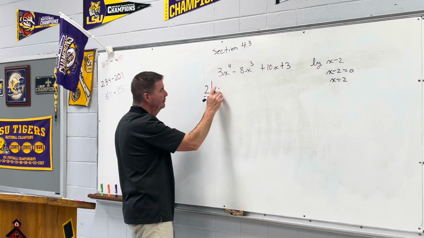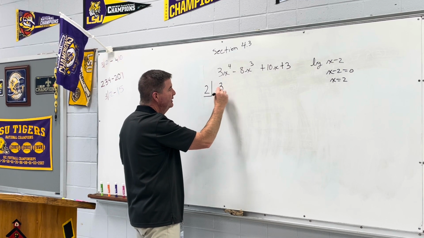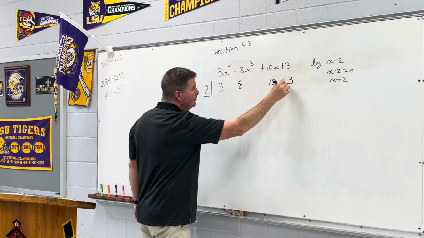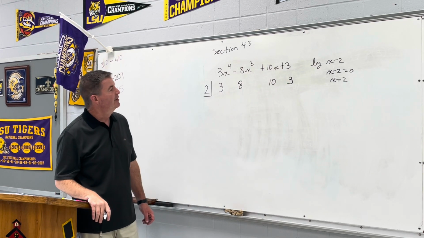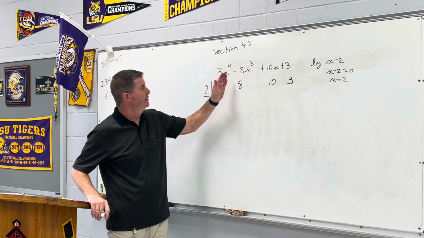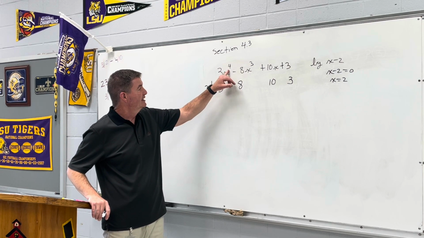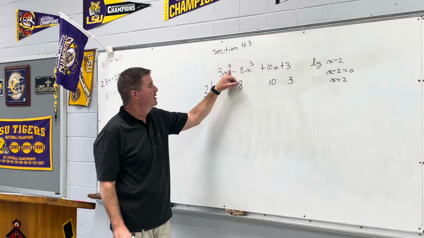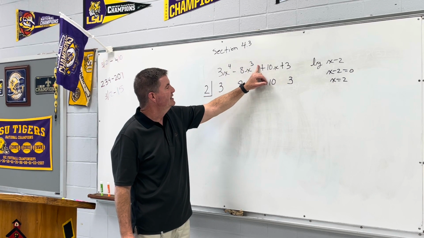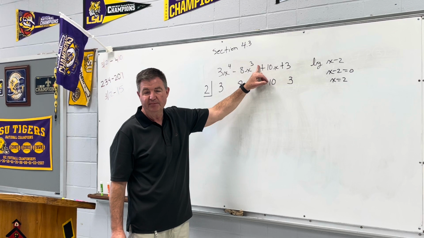And now I'm bringing down coefficients. I have a 3, I have an 8, I have a 10, and I have a 3. However, when bringing down the coefficients, we have to look at the exponents for the variable. The exponent says to the fourth, so we have to have 1 to the third, we have to have 1 to the second. There is nothing to the second power.